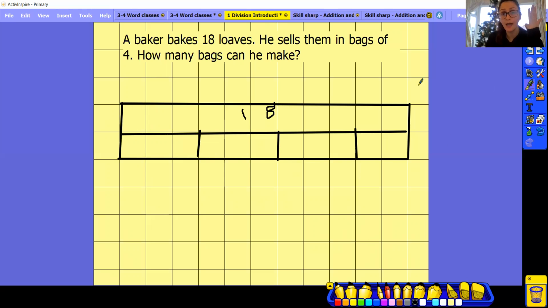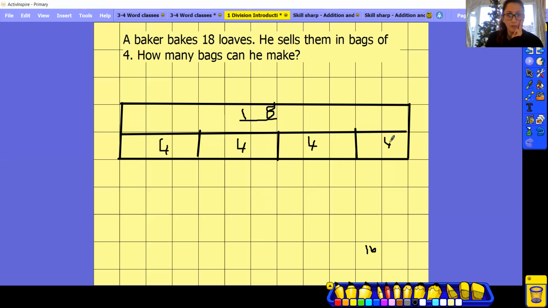However, we only have 18. So the number that we're going to have is 16. Okay, so if you want to write that number down for now, you can do. So 4, 8, 12, 16. How many times can it equally go into it? Well done if you said each box would equal 4.